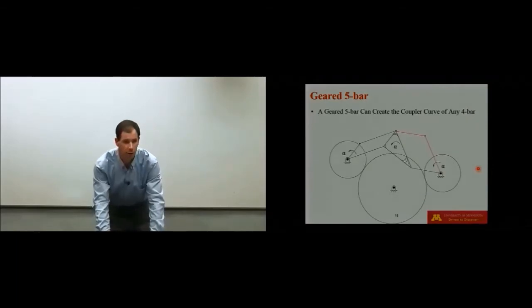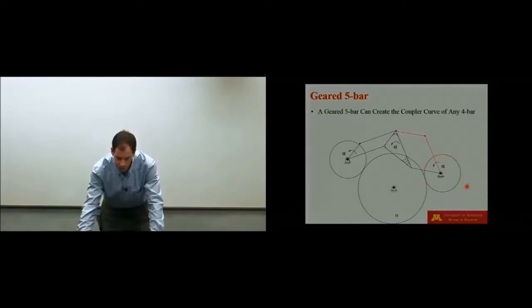Okay, so here's how I would set it up with gearing. And again, I'm going to force the rotation of this one to be the same direction as the rotation of this, and so that's why I need an intermediate idler gear to change my rotation direction. In this case, I'd have a velocity going up and to the right here, and then a velocity going down and to the right here, to create counterclockwise rotation of both of these links.